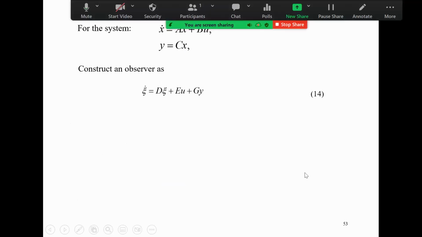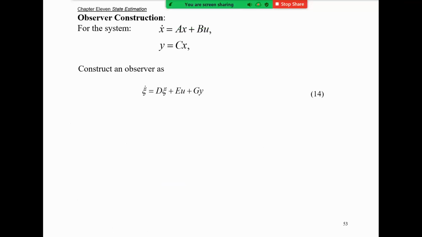We use ζ. ζ corresponds to T times x. So what's the objective? We want this ζ to converge to T times x when time goes to infinity. We keep that in mind. That is the objective, and then we try to design the observer such that the difference between ζ and Tx will go to 0.